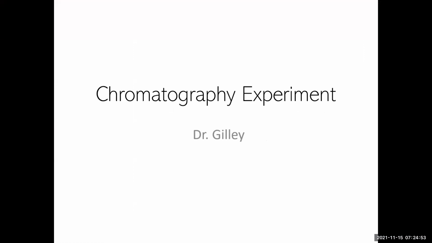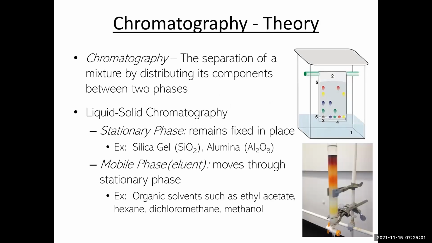So as I mentioned, we're going into the last experiment, which is the chromatography experiment. And we're going to be talking about the general theory and the experiment as well. The theory for chromatography is that it's a way of separating compounds in a mixture based on its distribution between two phases.